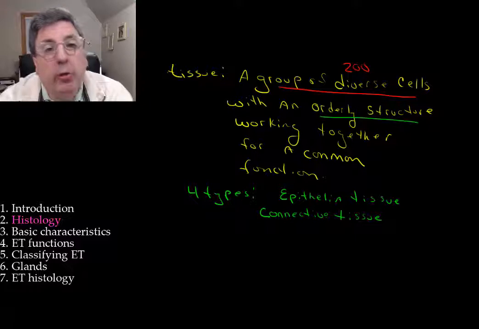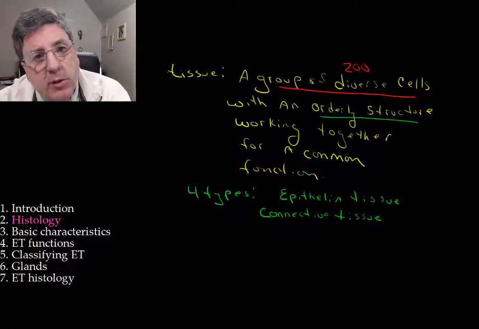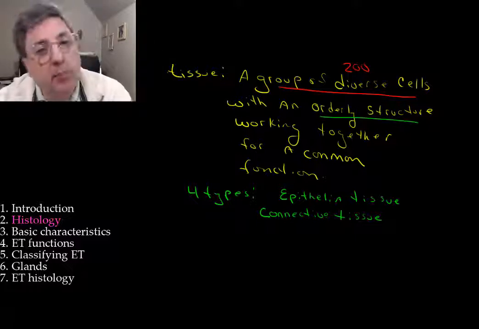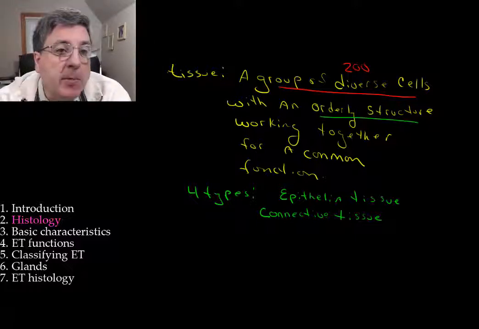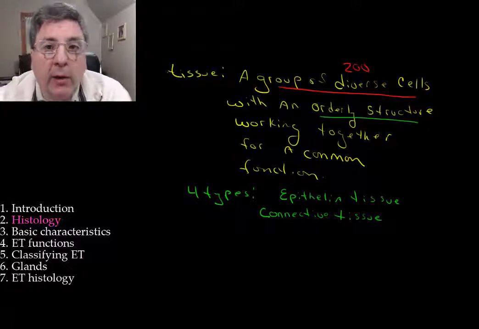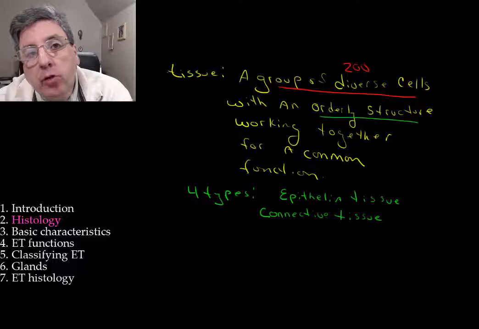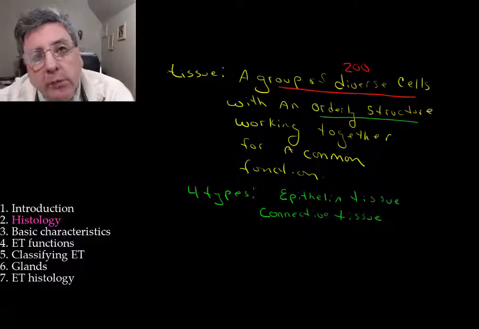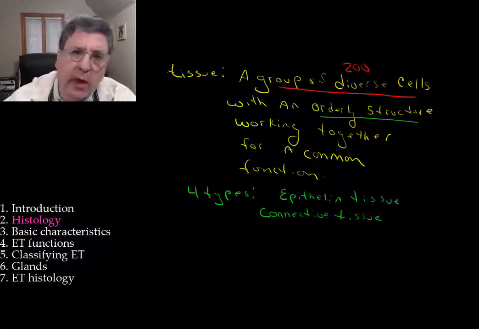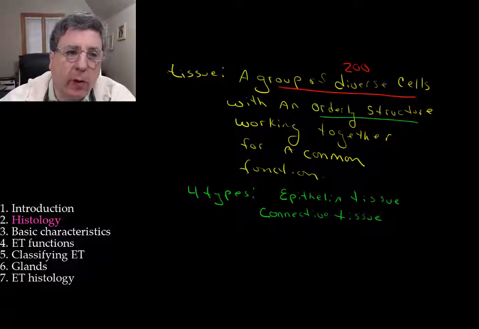So it runs the full gamut of consistency, where it can be liquid, it can be semi-solid, it can be fatty tissue, adipose tissue or fat. You can have tendons and ligaments, which are connective tissue. So it ranges from a liquid to a solid. And we'll cover that in the next set of videos as well.